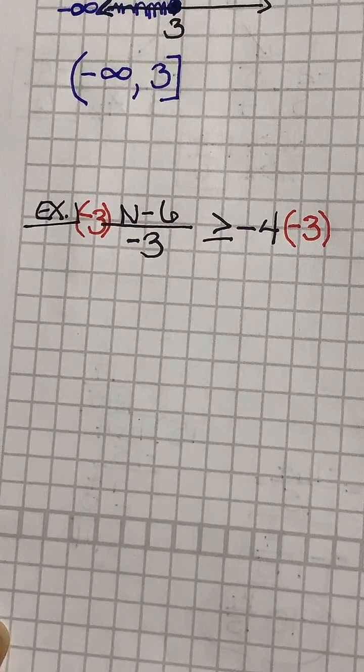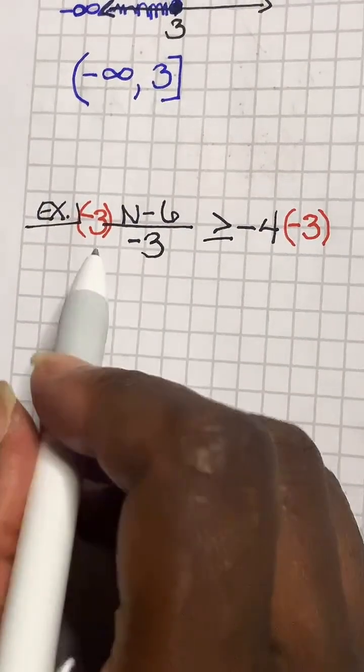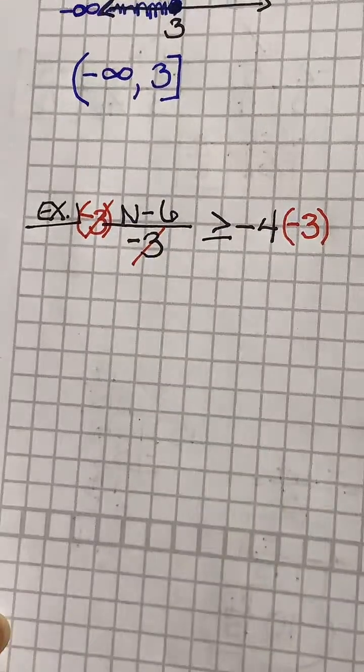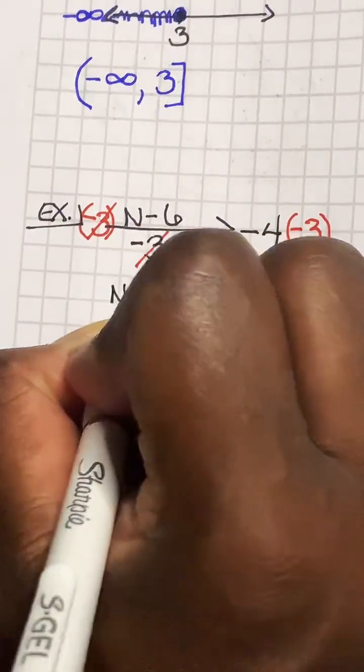Then we want to cancel out -3 and -3. So what we have left is our n minus 6.